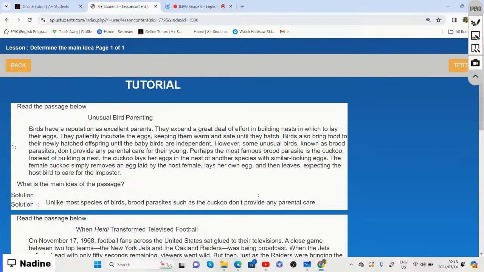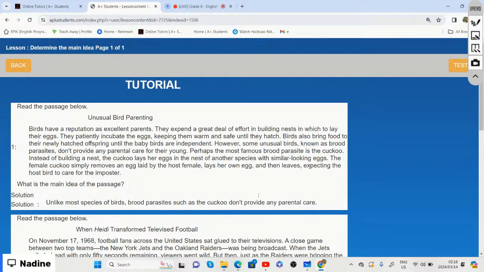But then we have a different type of bird, right? And it says the main idea is unlike most species of birds, brood parasites such as the cuckoo don't provide any parental care. All right.